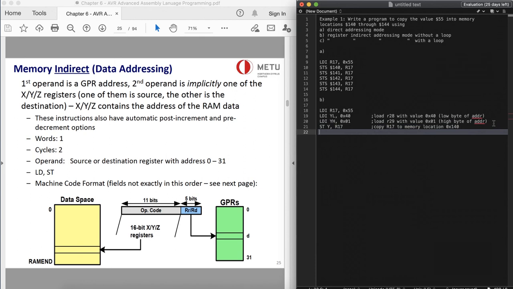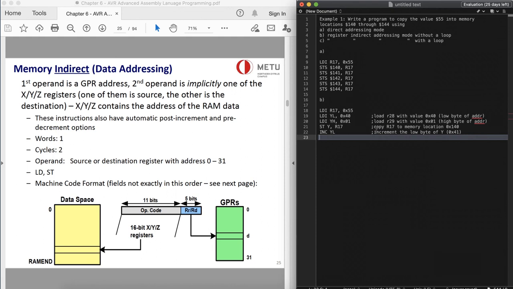Then what we do, we increment the Y low part, because that's going to change to 41 now. Okay, so increment YL. So increment the low byte of Y, which in this case is going to be 0 hex 41.